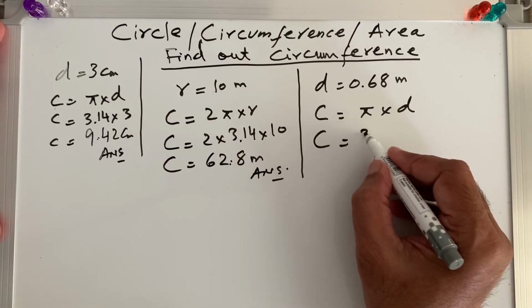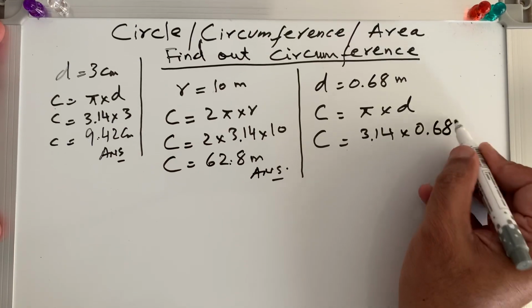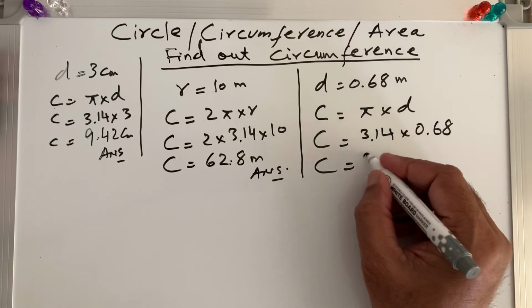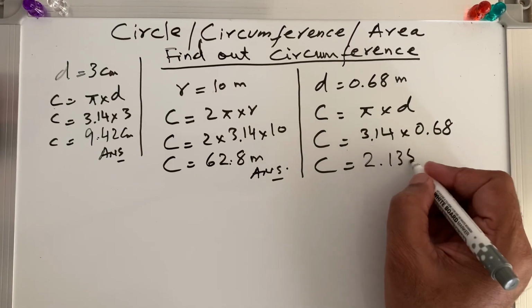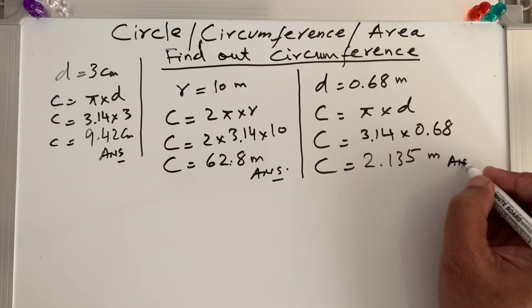Circumference is equal to 3.14 times 0.68. You calculate with a calculator, 3.14 times 0.68, and you will find 2.135. So this is your answer in meters, right?